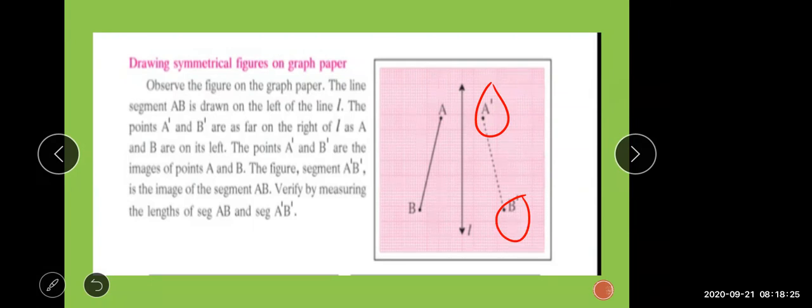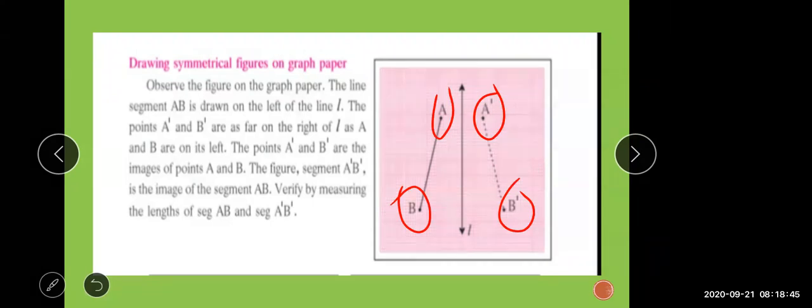So point A1 and point B1 are the images of points A and B. अभी देखो, पॉइंट A की इमेज है पॉइंट A1 और पॉइंट B की इमेज है पॉइंट B1. So line segment A1B1 is the image of line segment AB.